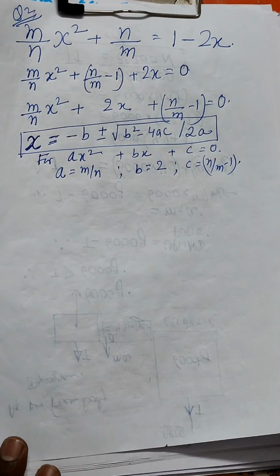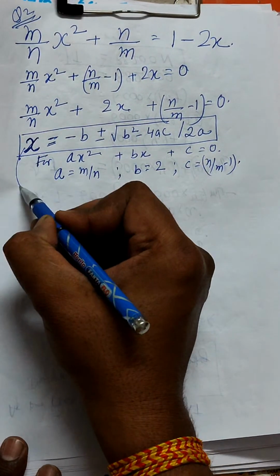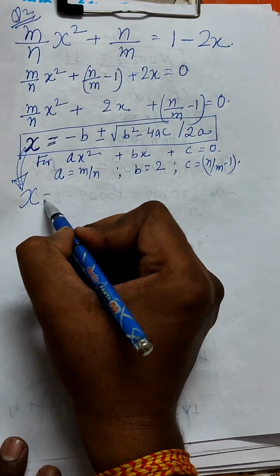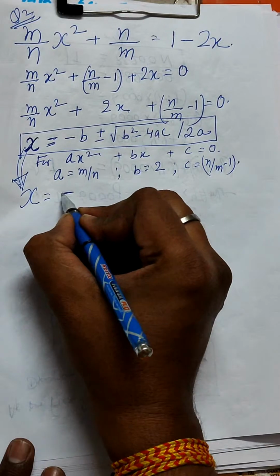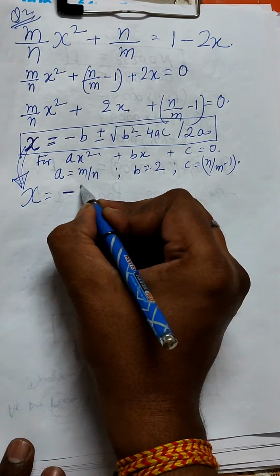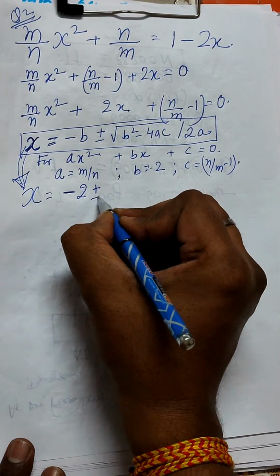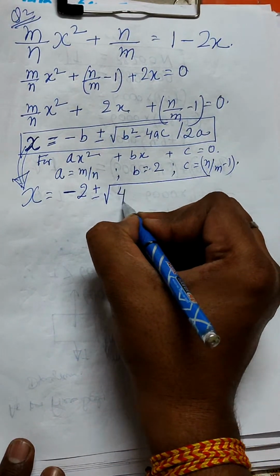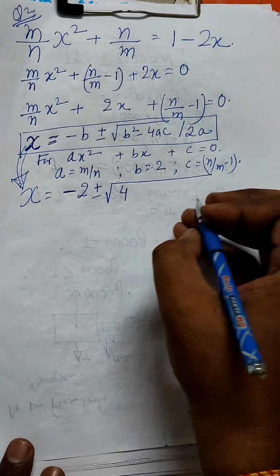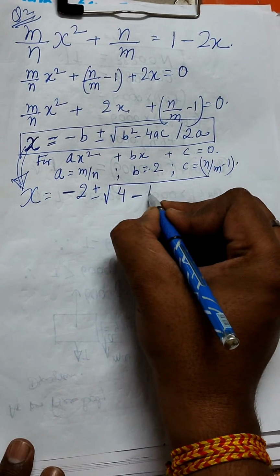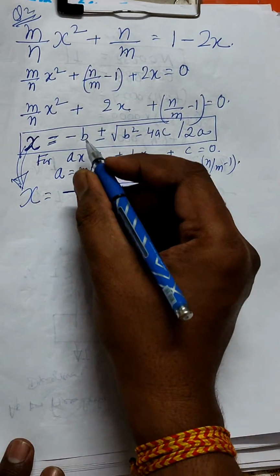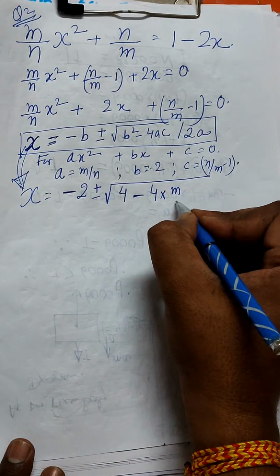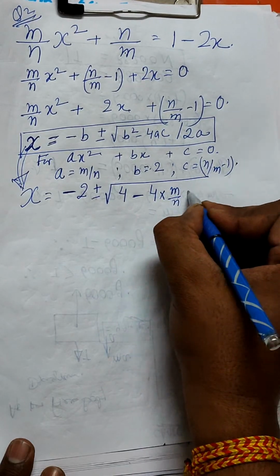Now, just to find the value of x, x can be written as minus b, that means minus 2, plus minus root over b square, that means 2 square, which is equal to 4, right? b square minus 4 into ac. A is m by n, 4 into m by n into c.